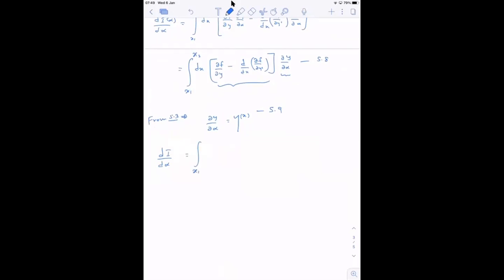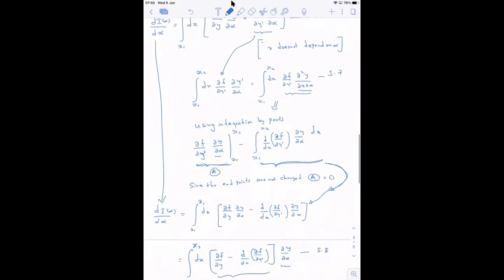That is, from x1 to x2, I have dx times ∂f/∂y minus d over dx ∂f/∂y', and then you have η(x) for ∂y/∂α. Now remember the condition that we should have: this expression should be equal to what? This should be equal to 0, right? dI over dα.